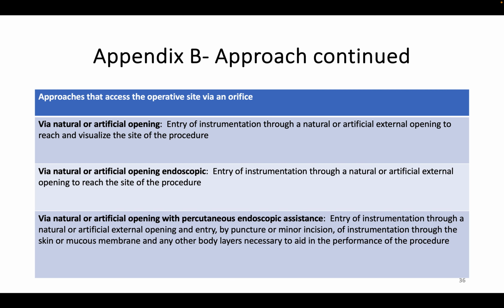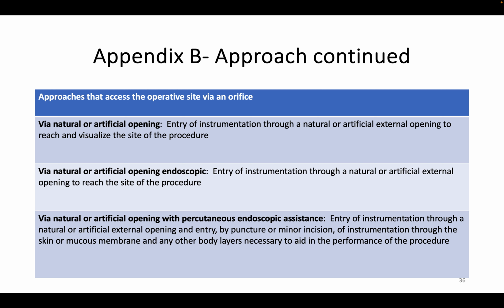Approaches continued. Approaches that access the operative site via a natural orifice. So you have via a natural orifice opening. This is entry of instrumentation through a natural or artificial external opening to reach and visualize the site of the procedure. Next, we have via natural or artificial opening endoscopic. Entry of instrumentation through a natural or artificial external opening to reach the site of the procedure.